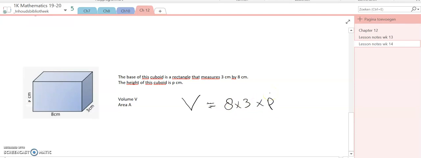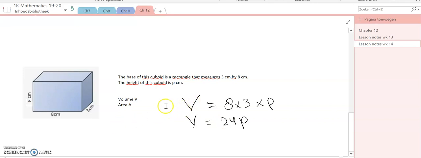Because we're learning how to make formulas shorter, we can write this shorter, because 8 times 3 is 24, and we don't write the multiplication sign anymore, so 24p, that is the formula of the volume of this cuboid. Now if we know that p is 2, for example, then you can calculate the actual volume.